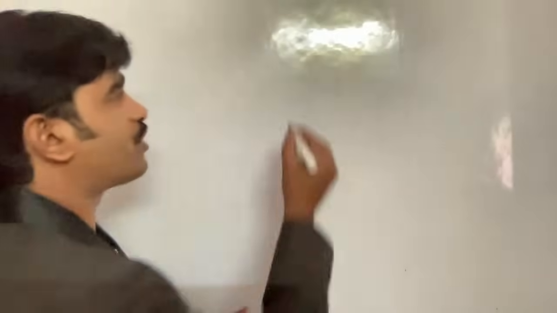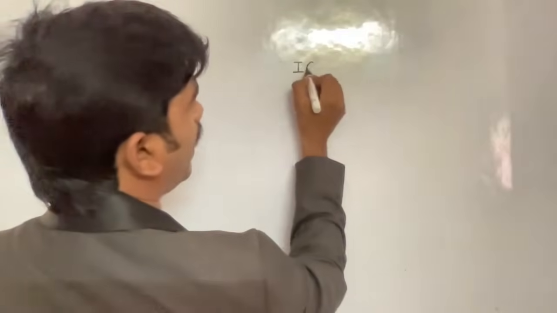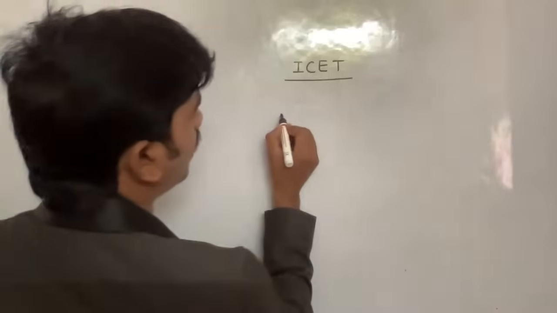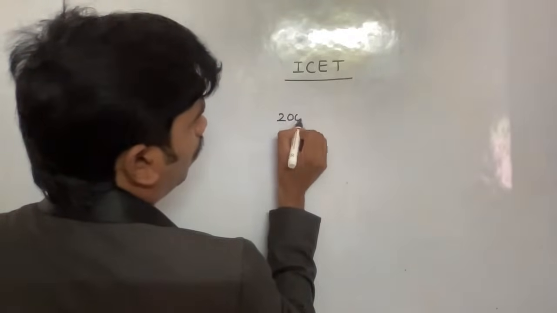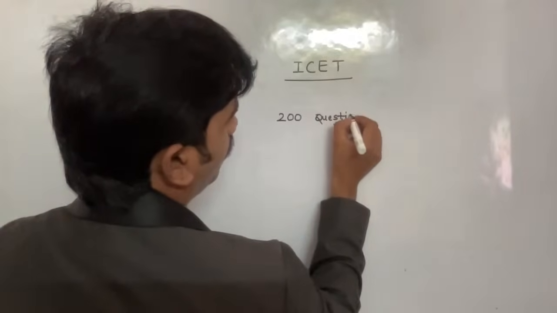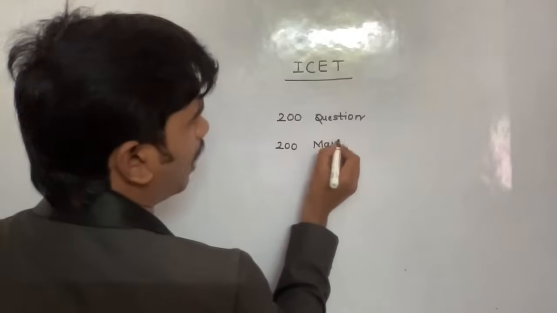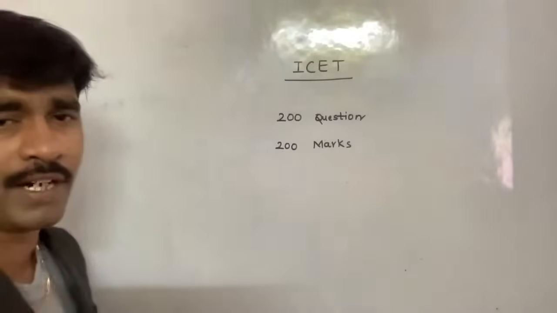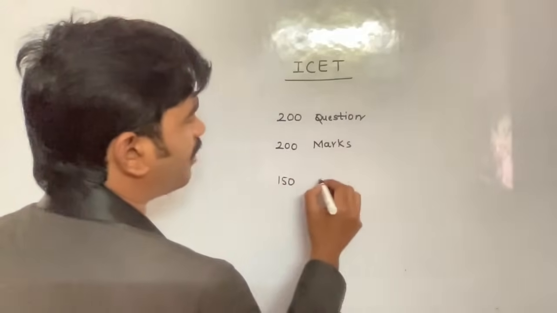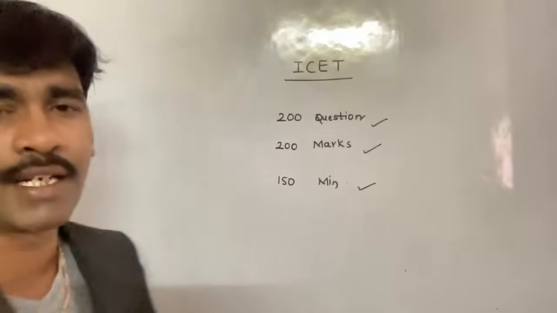If you observe, TS ICET or AP ICET, the ICET examination is conducted for 200 questions and the marks are 200. Each and every question carries 1 mark. There is no negative marking for it. And you will have 150 minutes of time to crack this.